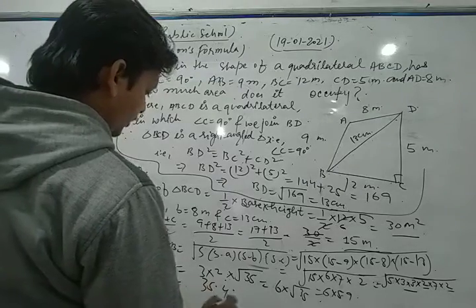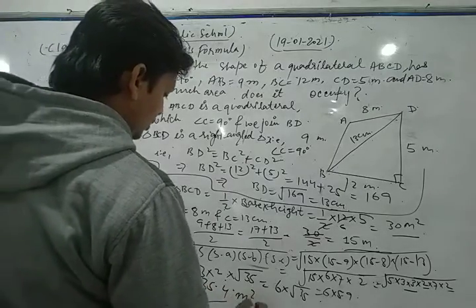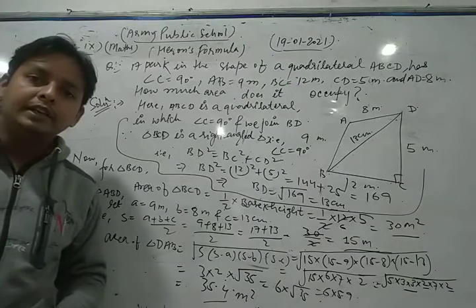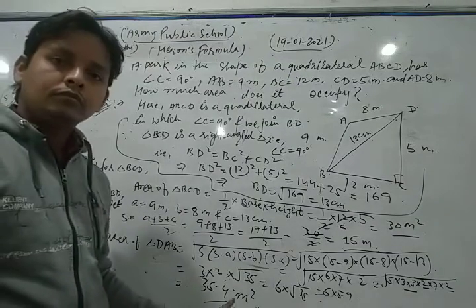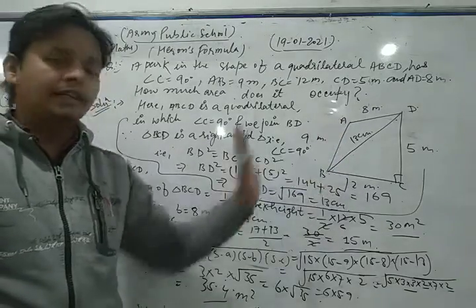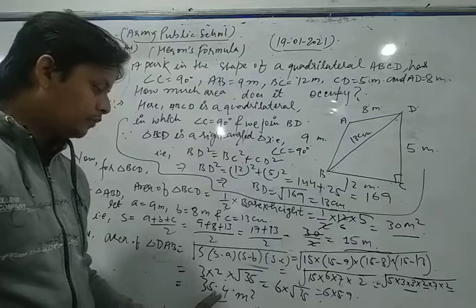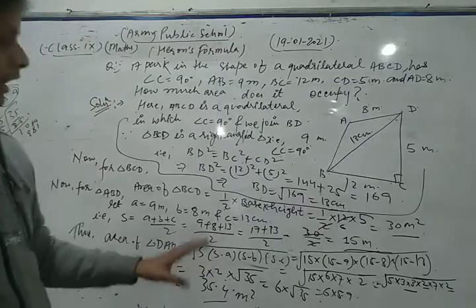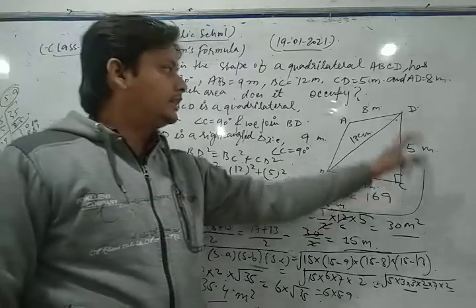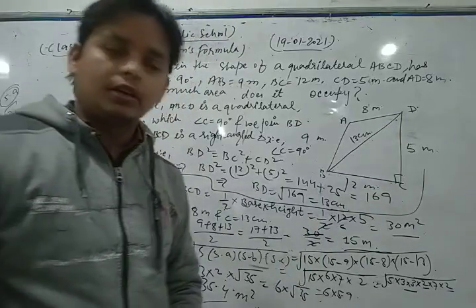This is 35.4 meter square. Thus, in this way, we get the area of triangular region ABD as 35.4 meter square, and the area of triangle BCD as 30 meter square.